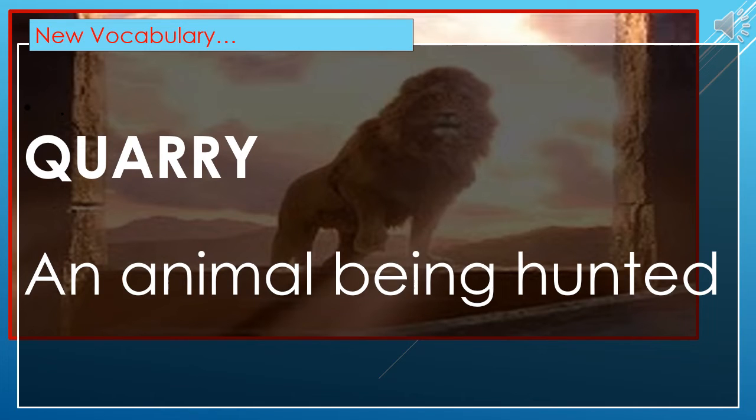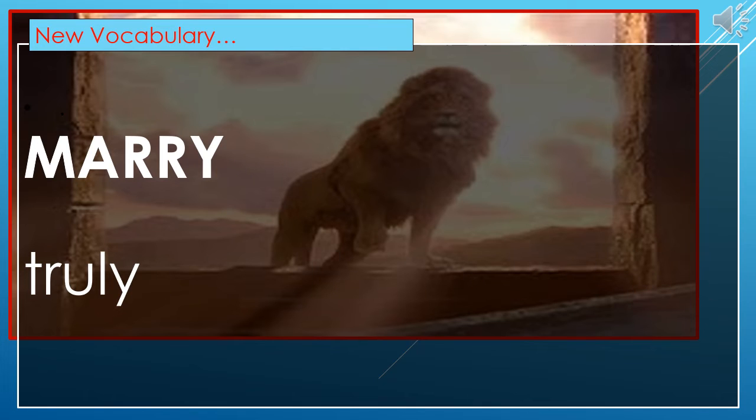A quarry is an animal being hunted, as the British would speak it. I'm guessing we probably have a few deer hunters in the class, and when you sit on your deer stand or in your deer blind waiting on that big buck to come by, the big buck is your quarry. Merry, in this case, is a British adjective for truly.